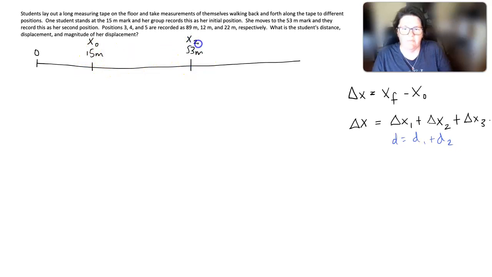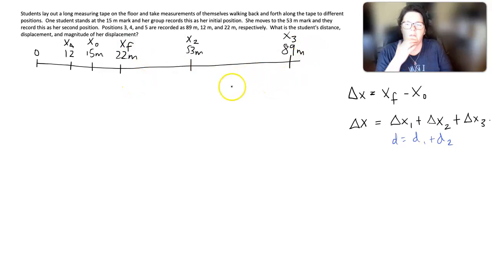That was her second position. And then her third position was at 89 meters, way down here. And then she moved back to 12 meters, past where she started. This was her fourth position. And then she moved to 22 meters, that's over here. And that's her fifth position, or her final position.